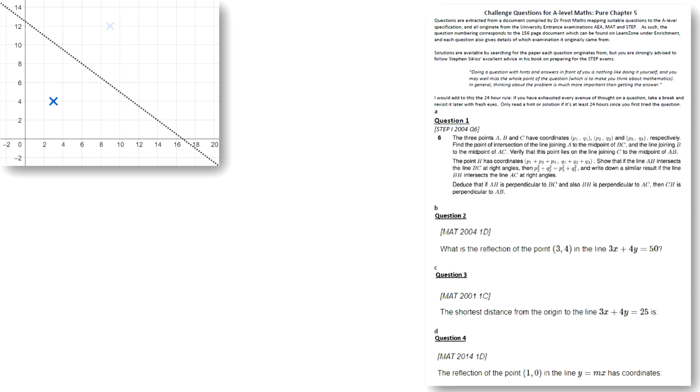So it's like a shortest distance problem. What's the most efficient way to get from that blue cross to the dotted line? Well, it's not going to be to travel this way or even this way. It's not going to be to go all the way up to there. If you want to get to the line as quickly as possible, you're going to go as directly as you possibly can.